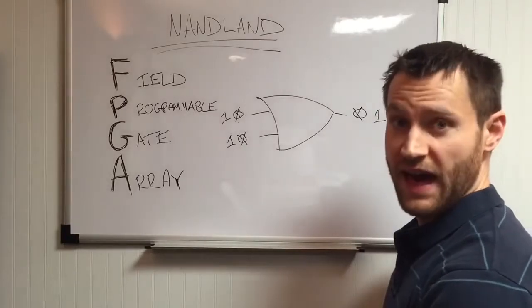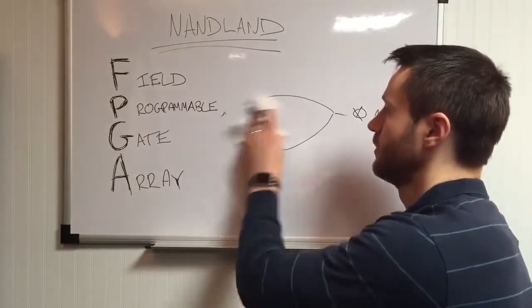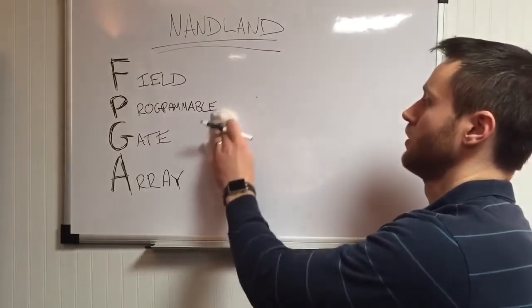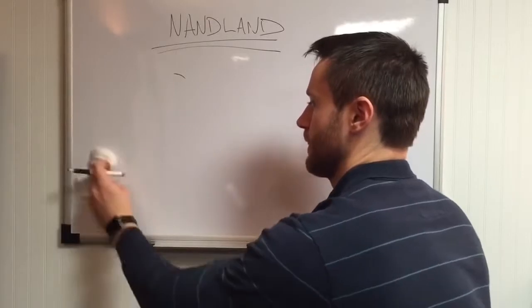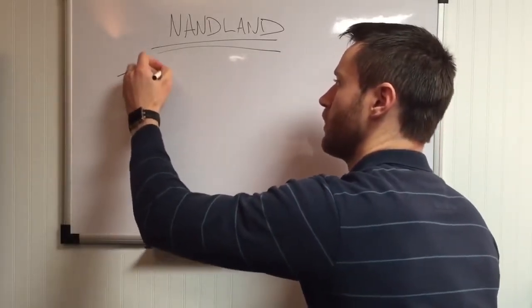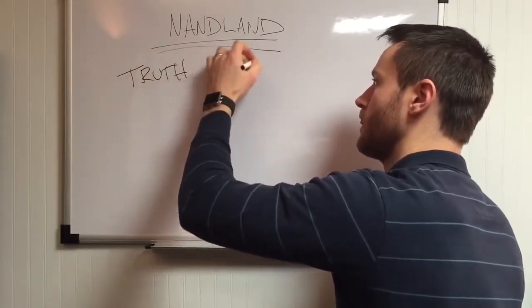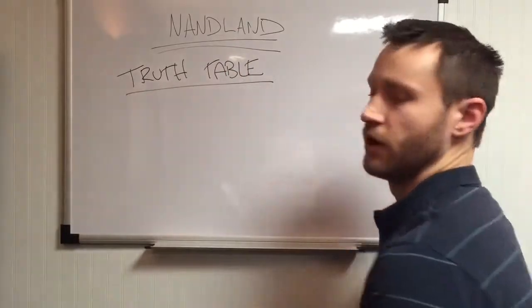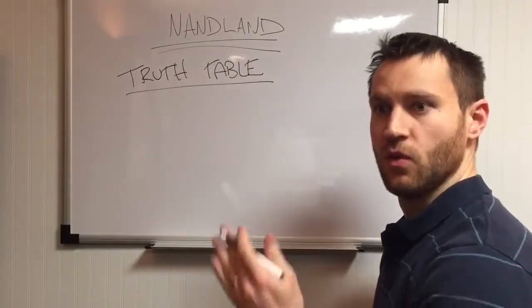So, knowing that, you can actually draw what is called a truth table for an OR gate. A truth table says, what are all your possible inputs? What is your output?